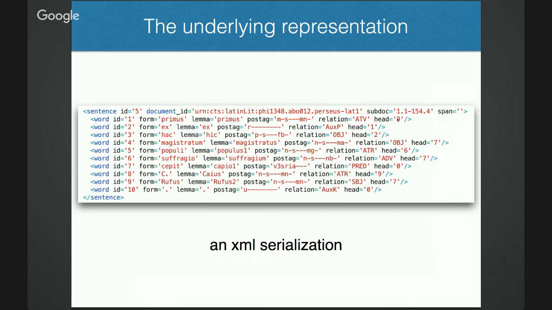The head here means that this word primus is governed by, or is dependent on, the word with ID number 9, which is Rufus. So as you can see, it is pretty easy to understand how this works.